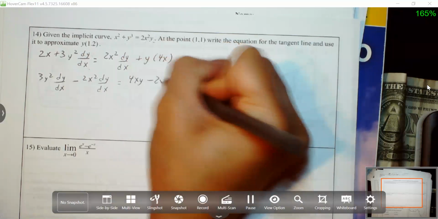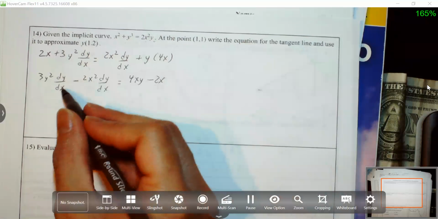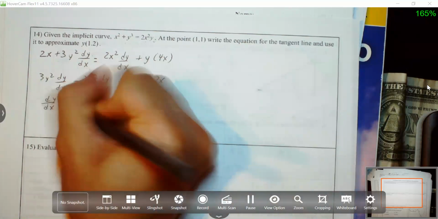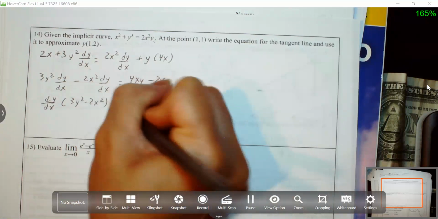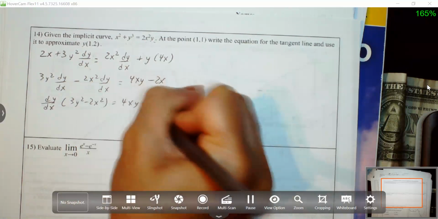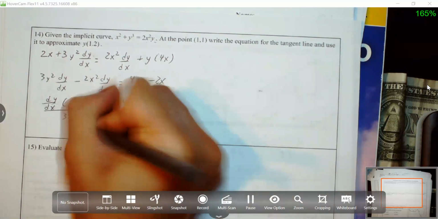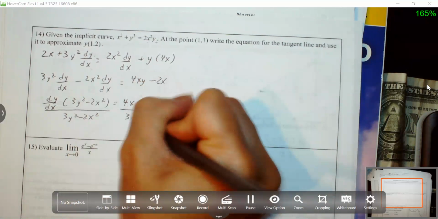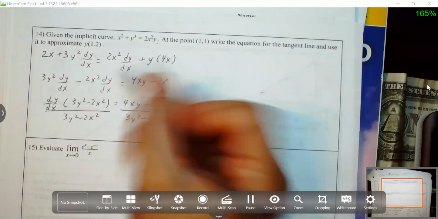Minus 2x, because this goes to the other side. I'm going to factor out the dy dx. I get 3y squared minus 2x squared is equal to 4xy minus 2x. And I just divide both sides by 3y squared minus 2x squared. So all of this cancels.